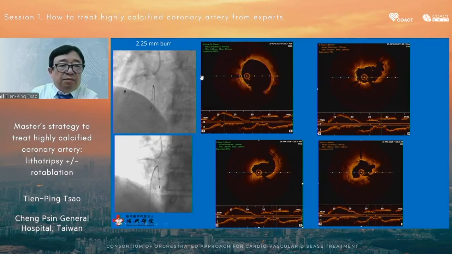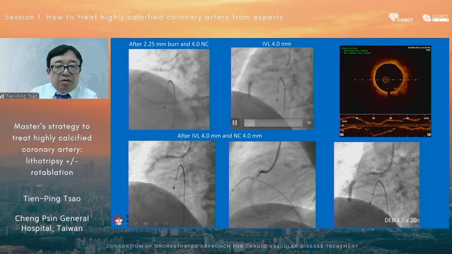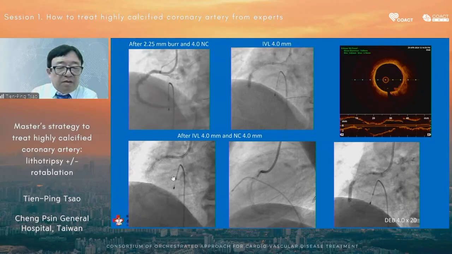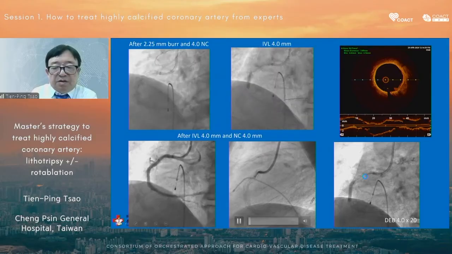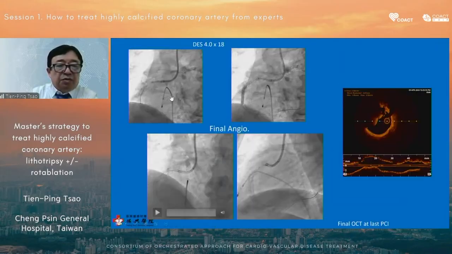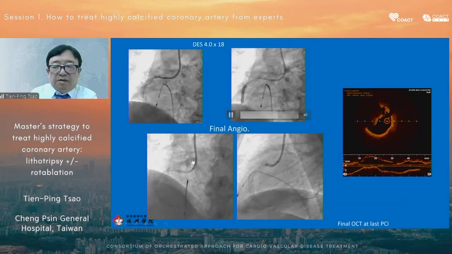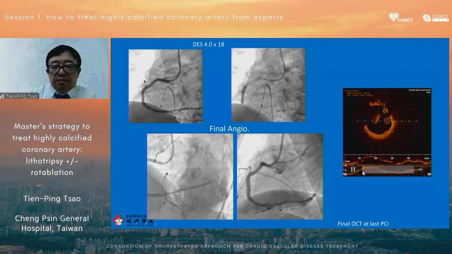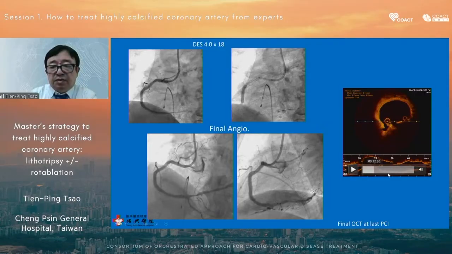And after 2.25, we use 4.0 IVL to treat the lesion again. After the IVL, we use NC balloon and also DCB to treat the lesion. And last, we use a DES to cover the lesion. This is the final result. You see the stent expansion quite nicely.